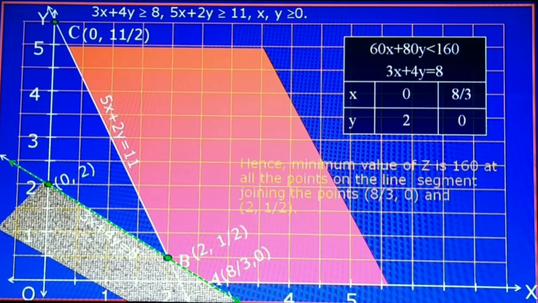Hence, minimum value of z is 160 at all the points on the line segment joining the points with coordinates 8 by 3, 0 and 2, 1 by 2.